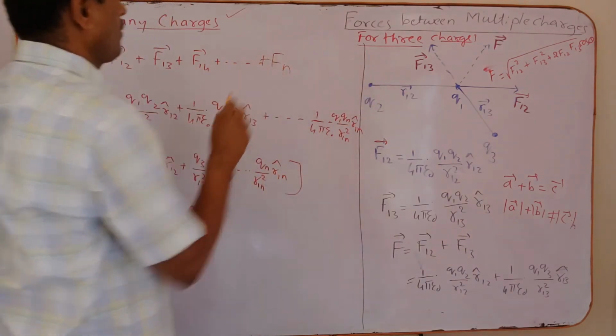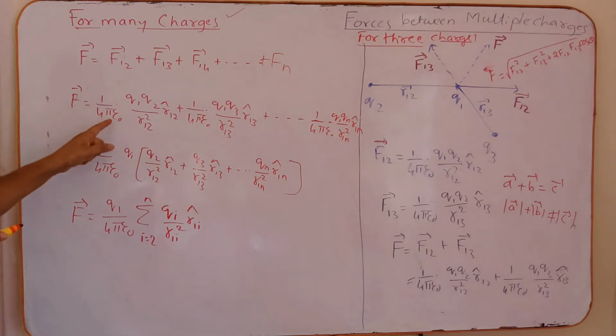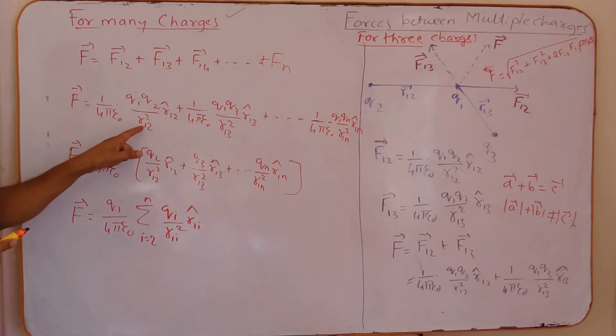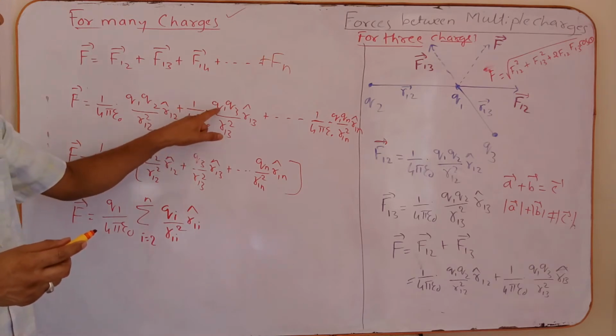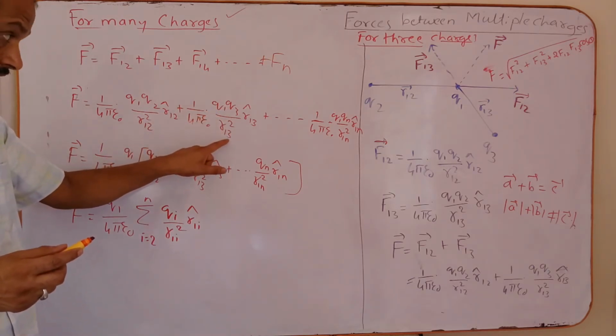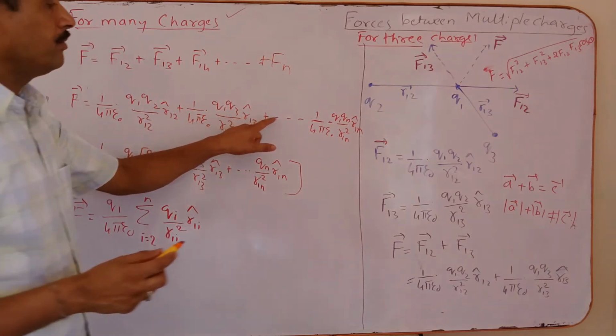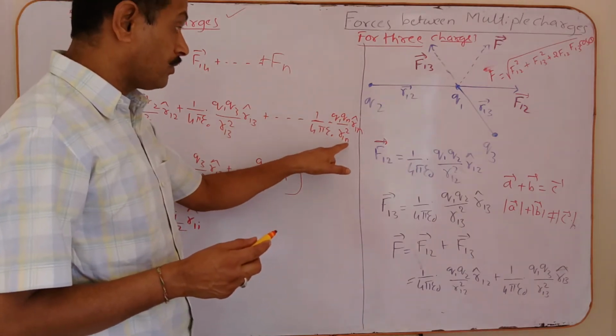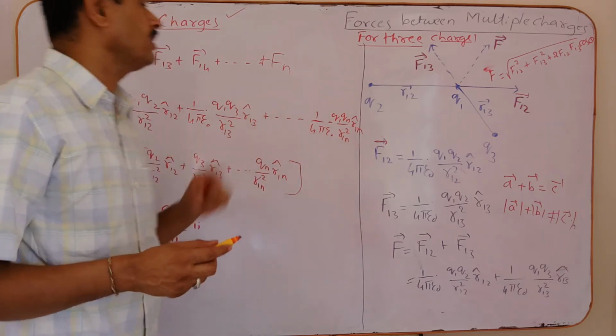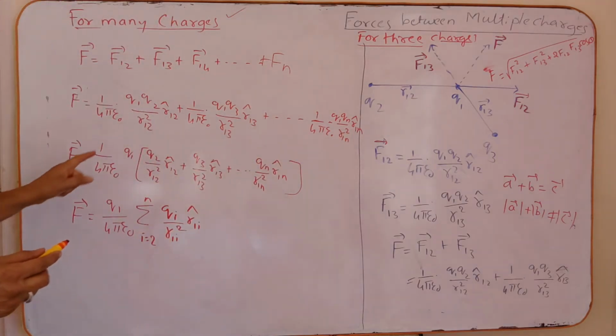That is said to be F. Now vector F is equal to 1 by 4 pi epsilon naught Q1 into Q2 upon R12 square, R12 cap, plus 1 by 4 pi epsilon naught Q1 into Q3 by R13 square, R13 cap, plus so on, 1 upon 4 pi epsilon naught Q1 into Qn divided by R1n square into R1n cap.